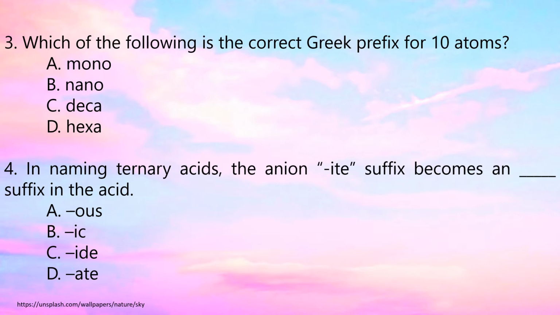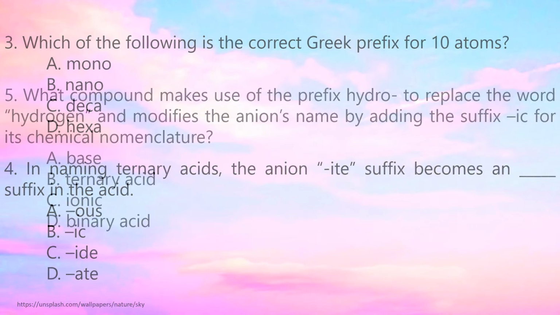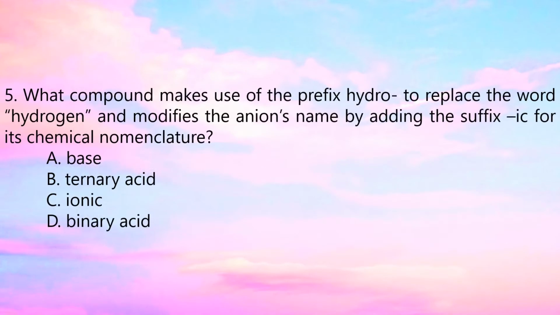4. In naming ternary acids, the anion ite suffix becomes an blank suffix in the acid. A, B, C, or D? Go! And 5. What compound makes use of the prefix hydro to replace the word hydrogen and modifies the anion's name by adding the suffix ic for its chemical nomenclature?